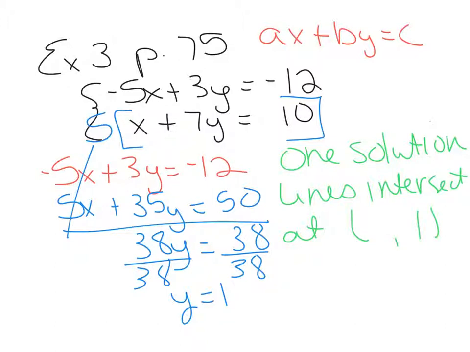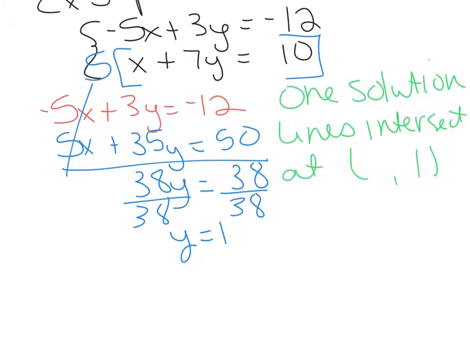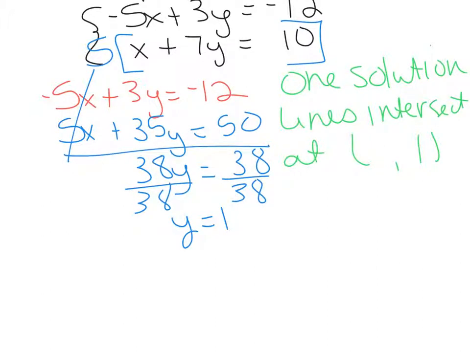Now, we still need an x coordinate. So we're going to go back to one of these. Doesn't matter which one. I'm going to use this one just because it's lower numbers. And we're going to substitute our y in there and solve for x. So let's write that equation here. x plus 7y equals 10.